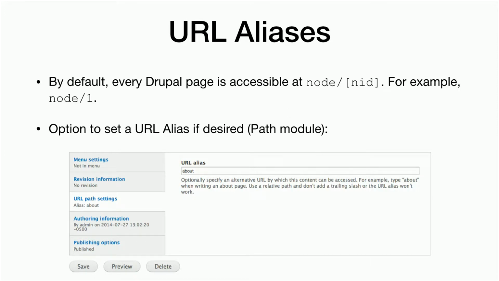Within Drupal core functionality, if you turn on the path module, there is an option to set an alias to the URL manually. So if it's an About Us page, you can just type in there About, and then for the most part, everywhere in Drupal, instead of linking you to node/1, it will link you to About. And hopefully About is some indication of what the page is about, like about our company.